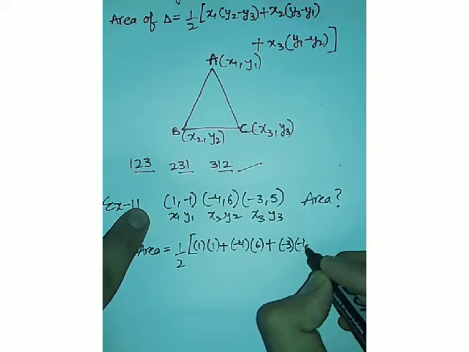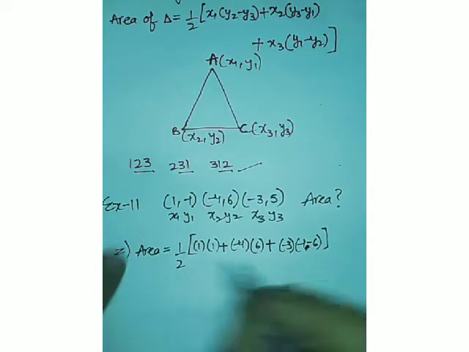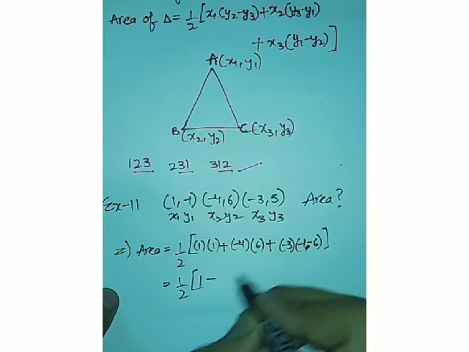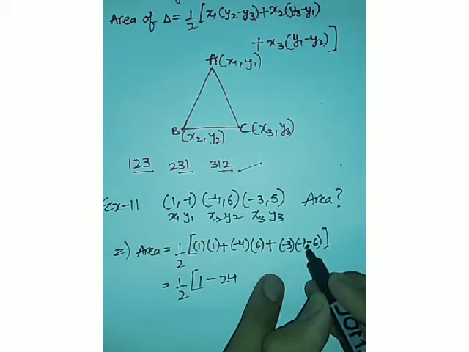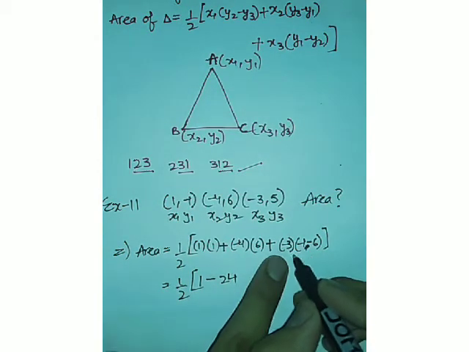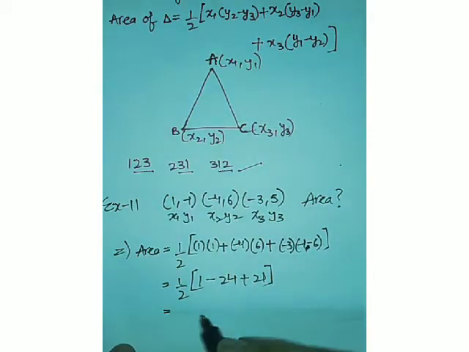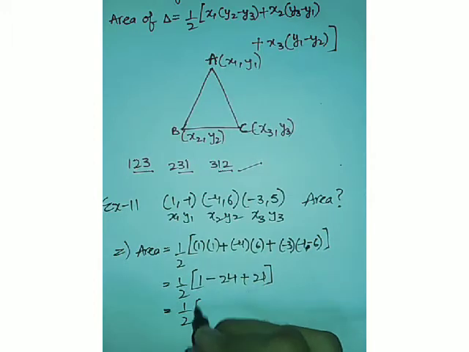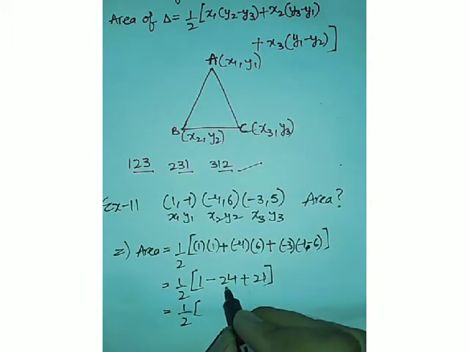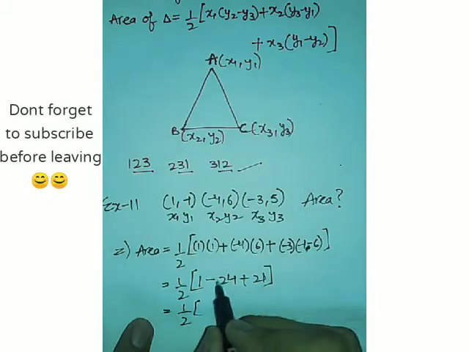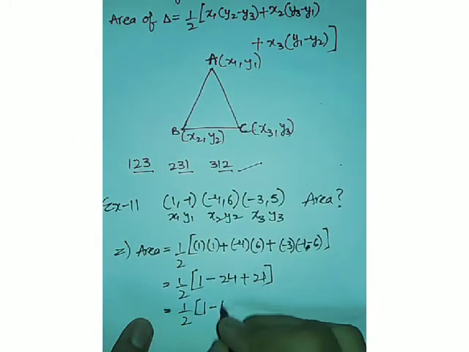So 1 upon 2, 1 minus 24 minus 7 multiplied by minus 3, that is plus 21. But you will get 1 upon 2, 21 minus 24, that is minus 3.